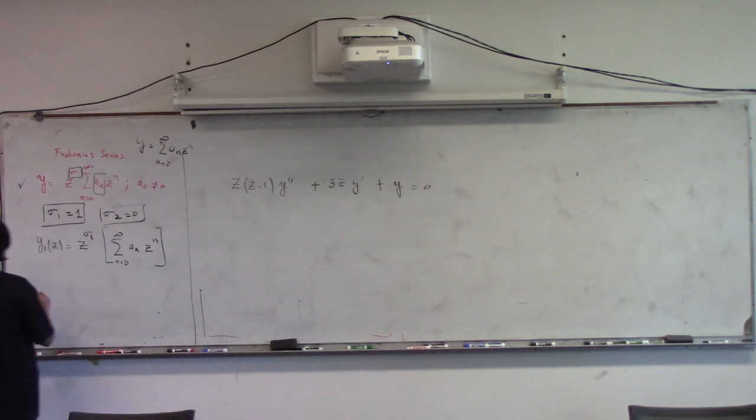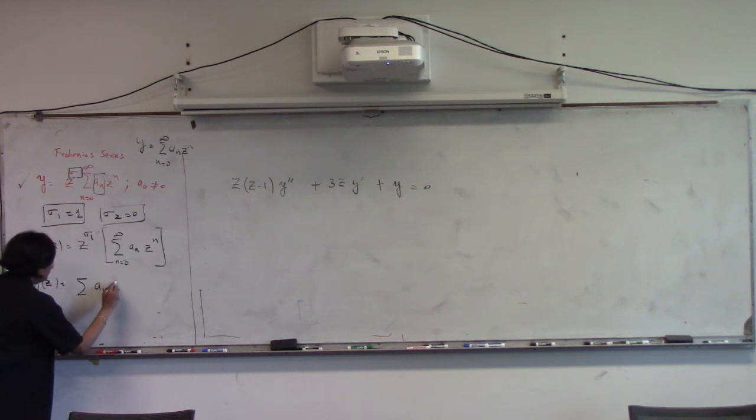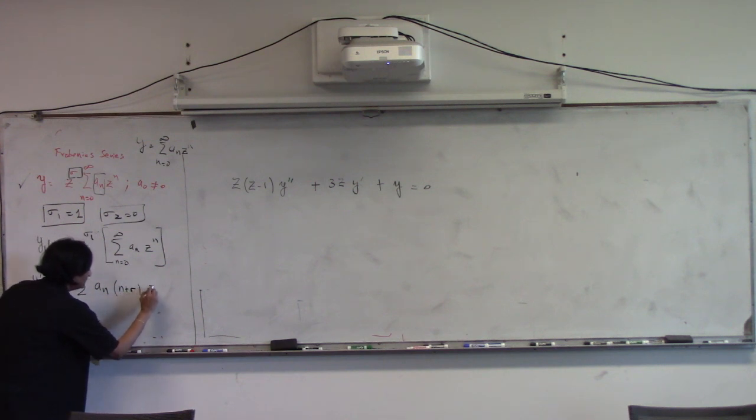And just write y prime of z is nothing but the sum of a sub n, n plus sigma.